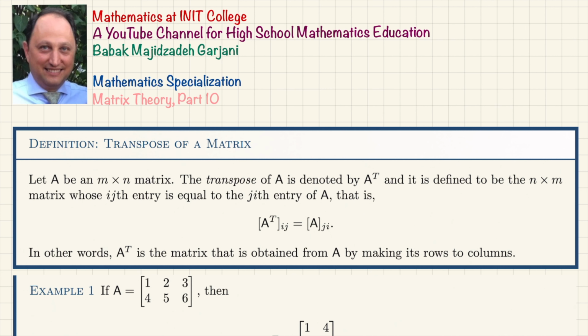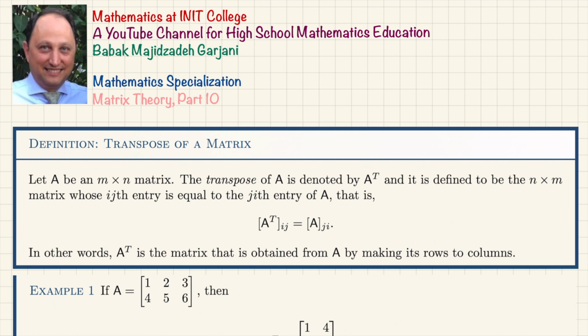So if you have an m by n matrix, the transpose of A is denoted by this symbol. This is more standard. Some people, in some books I have seen, put a lowercase letter t, and in some books I have even seen they put a prime, just prime. But let us stick to this more standard convention.